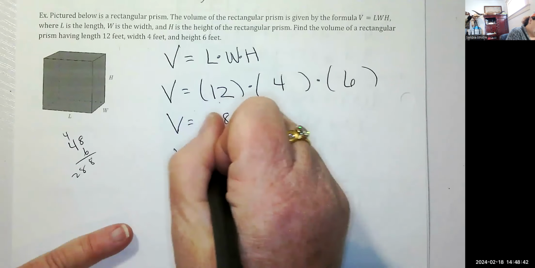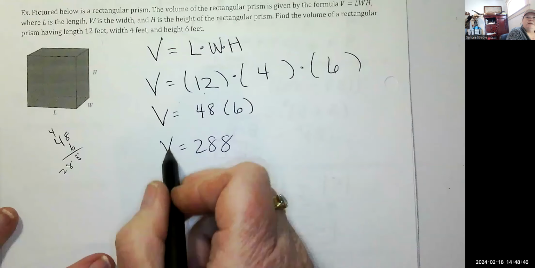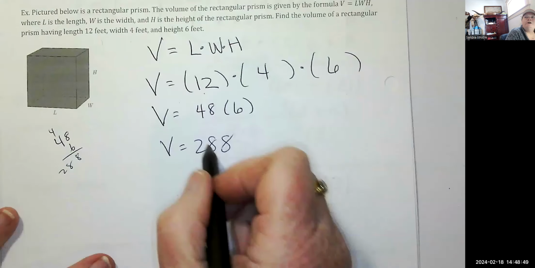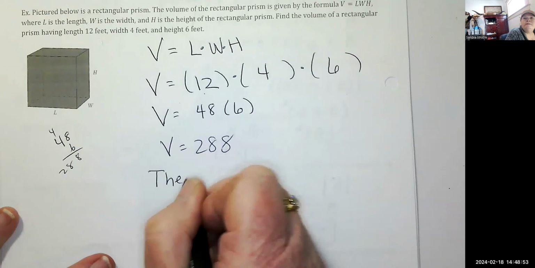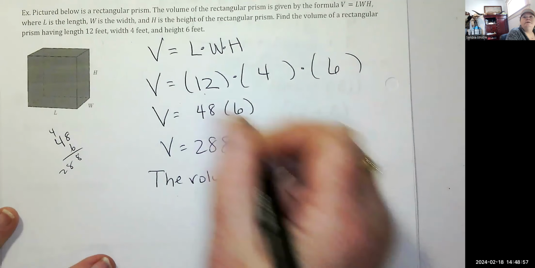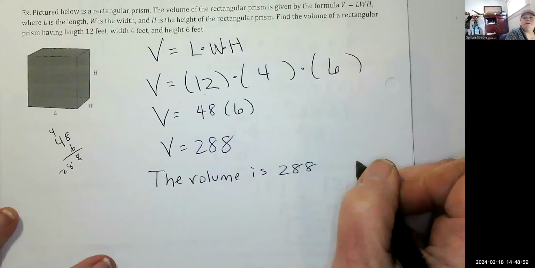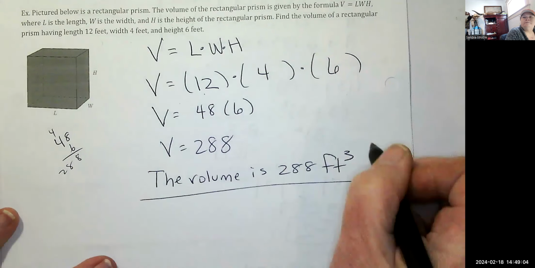So volume is 288, but it's a word problem, so we've got to make sure to represent what it is. Volume is always measured in cubes, so the volume is 288, and it's feet times feet times feet, so it's feet cubed or cubic feet.